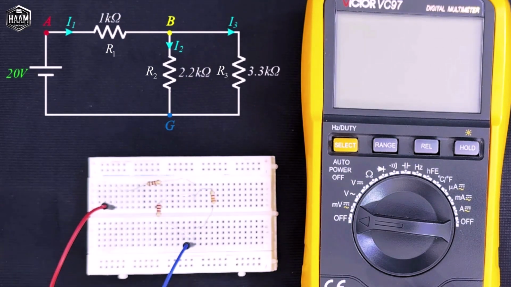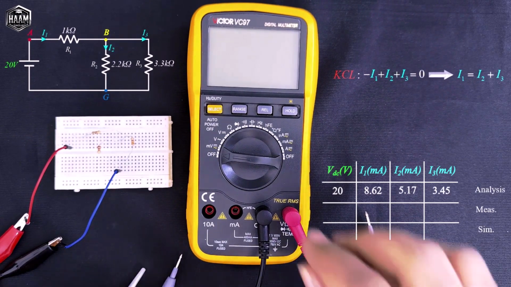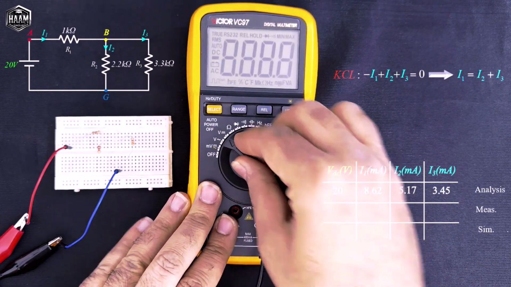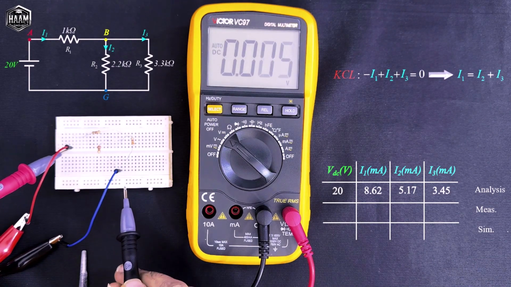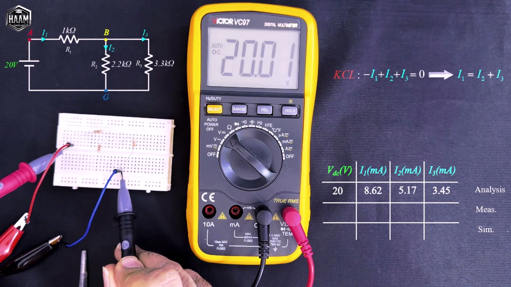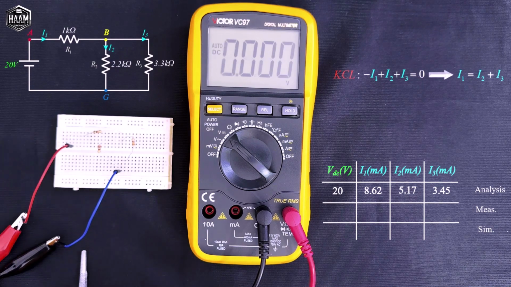So we need to measure I1, I2 and I3 and confirm the validity of KCL. Let's check it. First, let's measure the battery voltage. Since our battery is a 20 volts DC source, let's see if the value is indeed 20 volts.